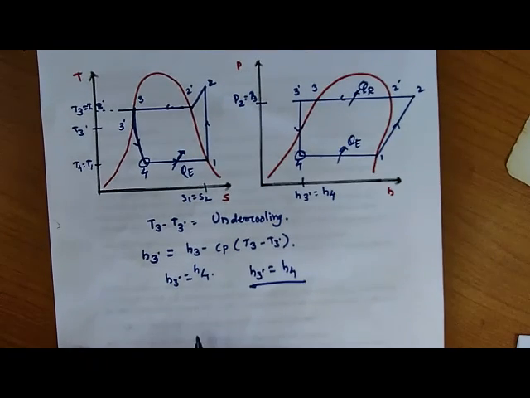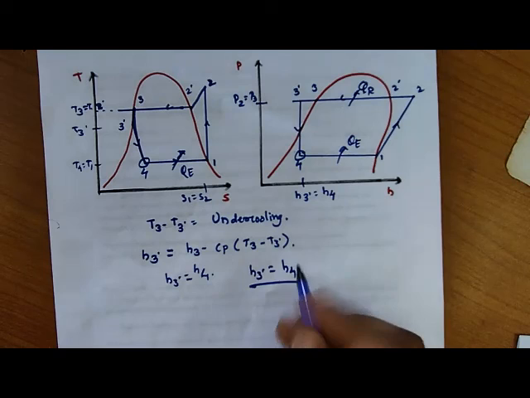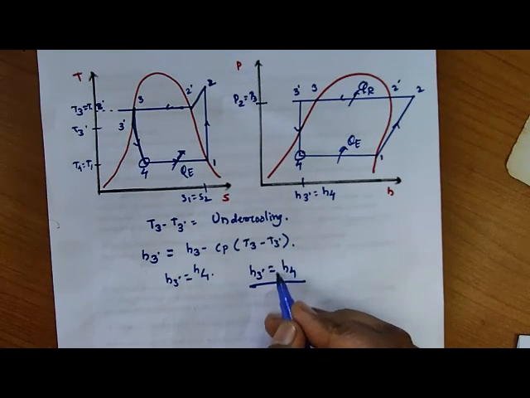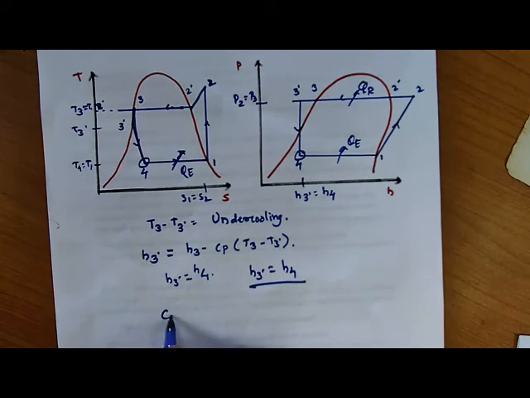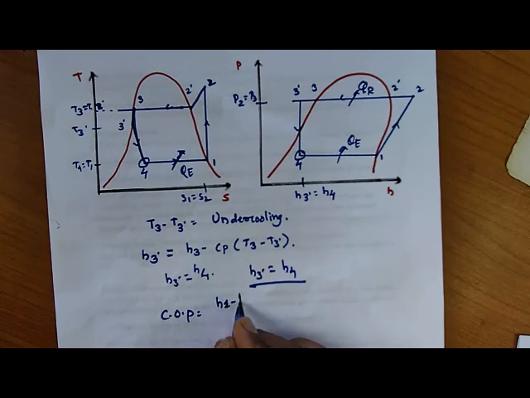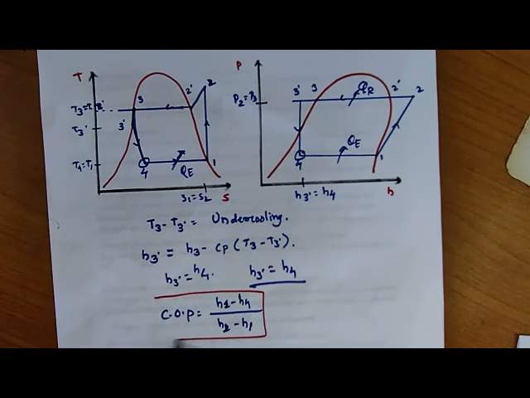By using this we find out the enthalpy at point number 4, and by using that we find out the COP of the refrigerant as (H1 minus H4) divided by (H2 minus H1). So this is about the COP of the system.